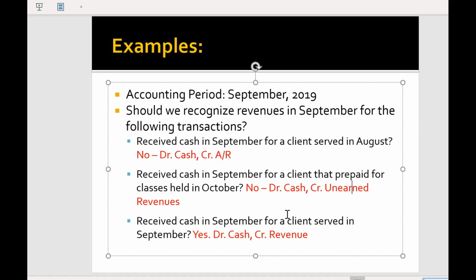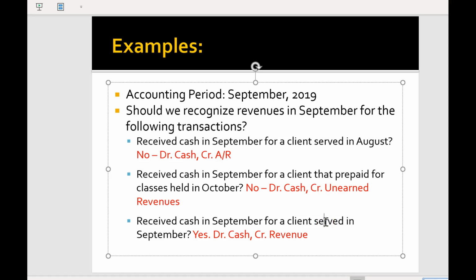In the next month, if the client came in for a class which is $50, we debit $50 of unearned revenue. We credit $50 of revenue. We transfer unearned revenue to revenue when the service is provided.